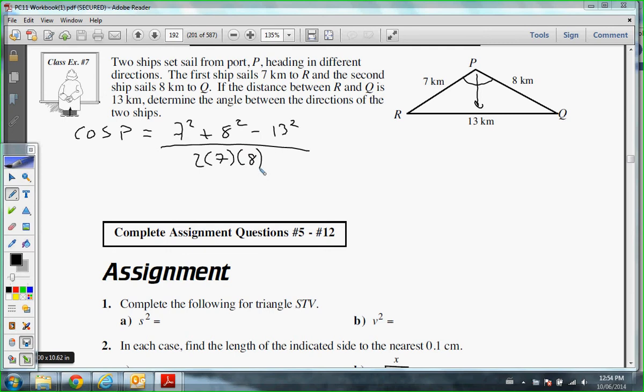This is kind of an important point. Tell me what you get there. Got it? It's a negative number, yeah.